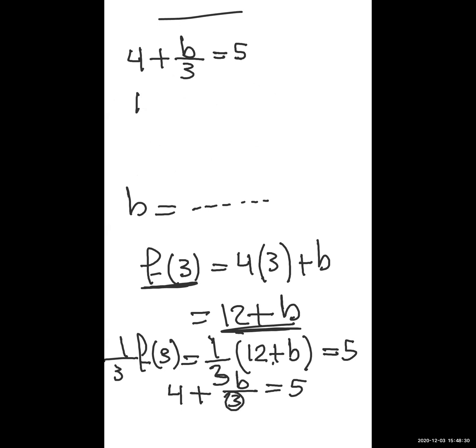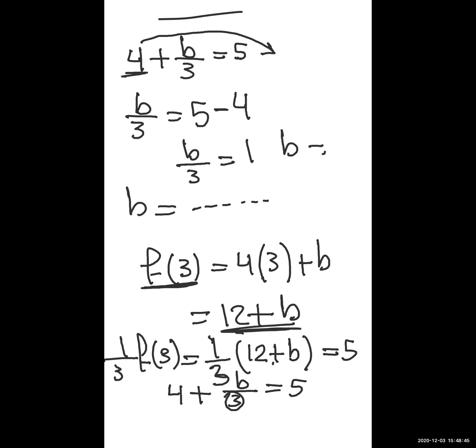So now b/3 will equal, I will shift this number to the other side with different sign. It's positive 4, so 5 minus 4. So b/3 will equal 1. Now b will equal, it's very simple now, cross multiplication. b times 1 will equal 3, so b will equal 3.